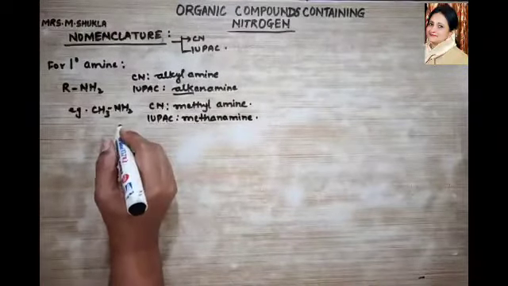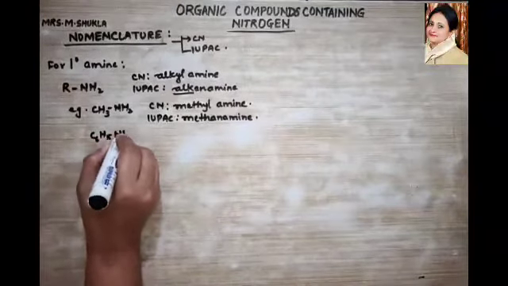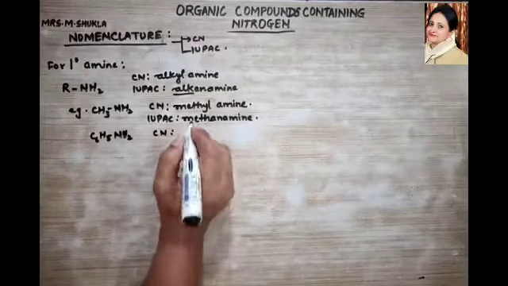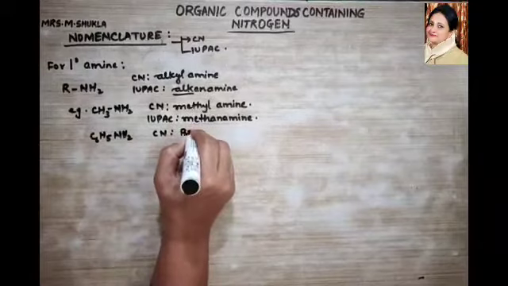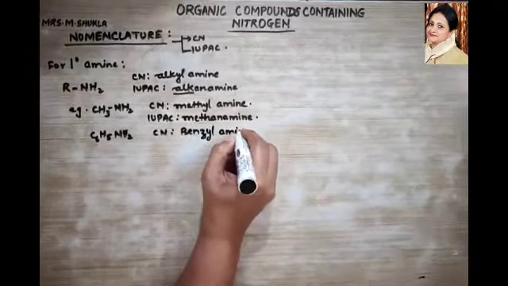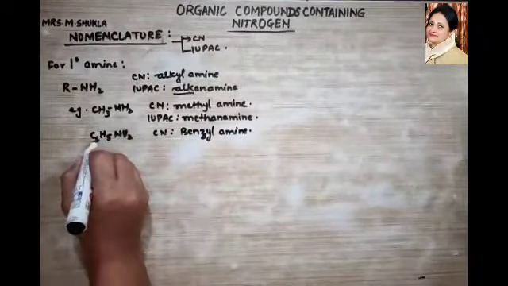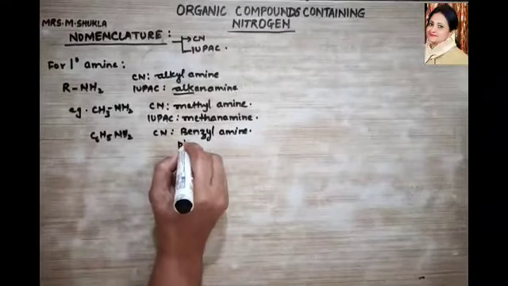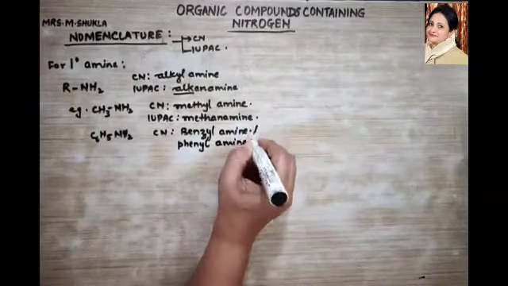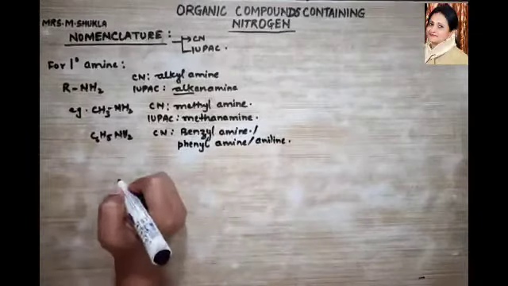Let's talk about one aromatic amine like C6H5NH2. The common name over here will be benzyl amine. Then, since this is C6H5, it can also be called phenylamine, or you can also call it aniline.